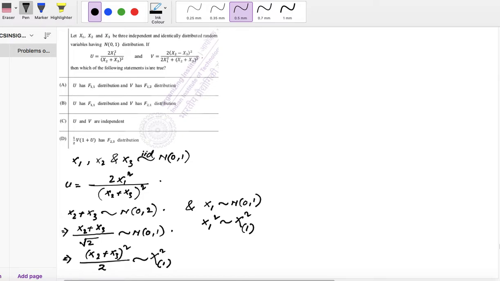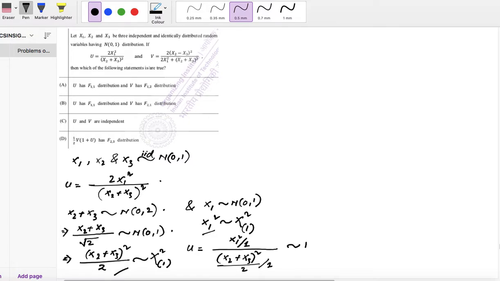So U is equal to, since this one is also chi-square and this is also chi-square, the ratio of two chi-square will follow F distribution. So let's construct x1 square divided by its respective degrees of freedom, over x2 plus x3 whole square divided by 2, divided by its degrees of freedom 1.